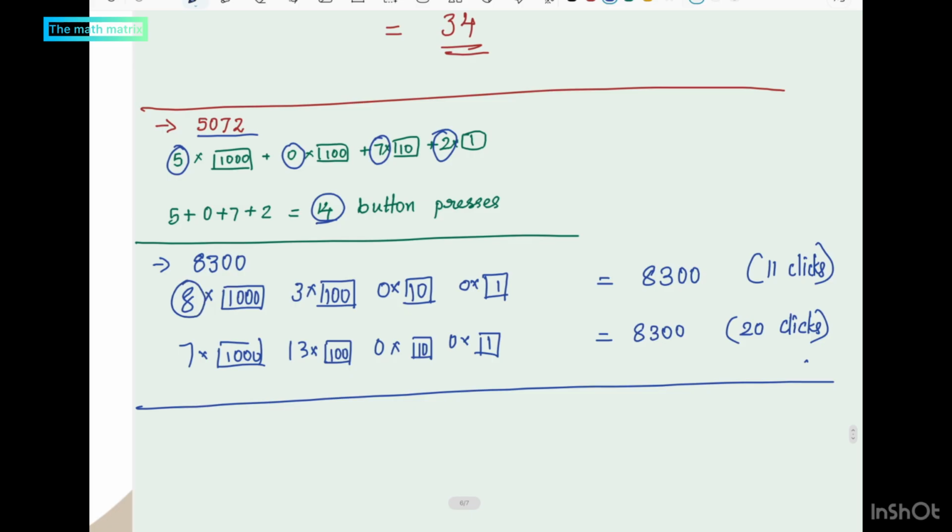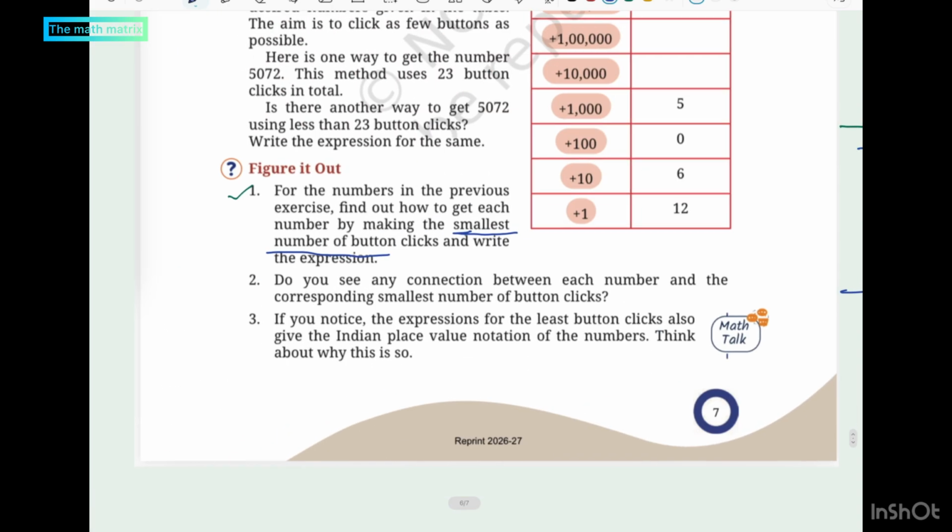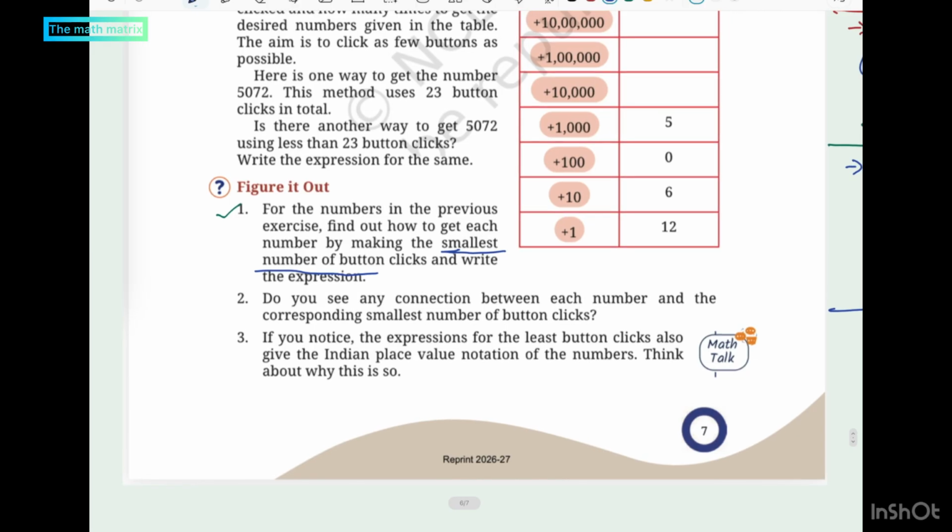In 8300, we got 11 clicks, the smallest one: 8 thousands, 3 hundreds, 0 tens and 0 ones. So we can conclude that the expression for the least button clicks also gives the Indian place value notation of the numbers, which is the important property of this chapter.